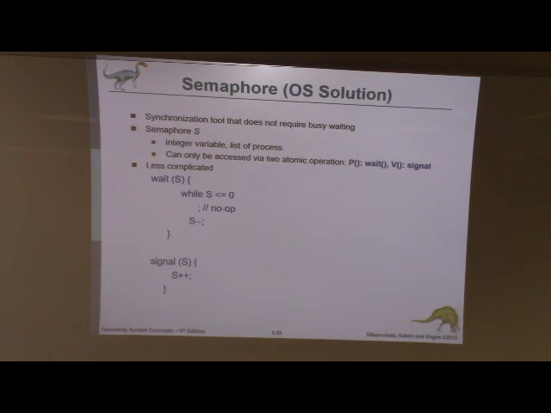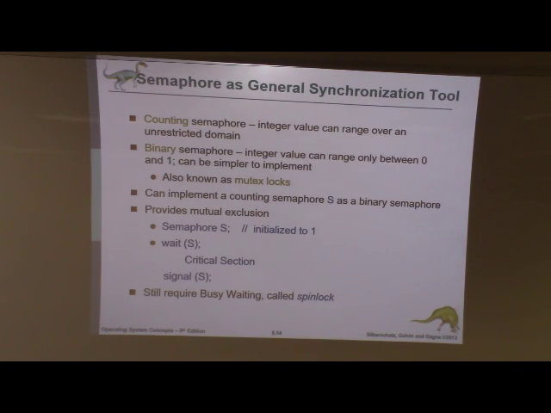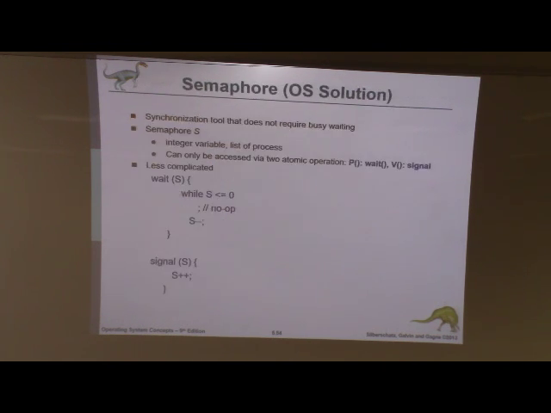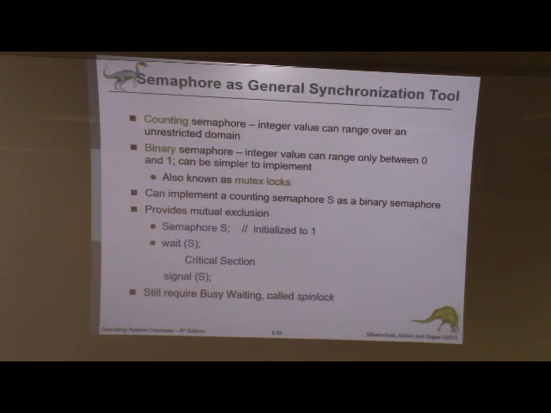So we can use such a semaphore as a synchronization tool. There are basically two types, depending on the S value. One is the counting semaphore, where S is an arbitrary integer number.